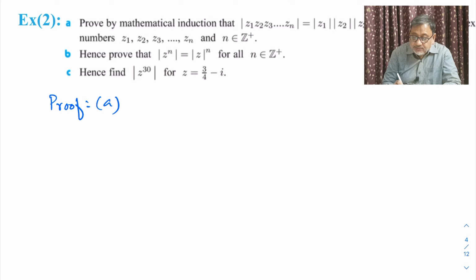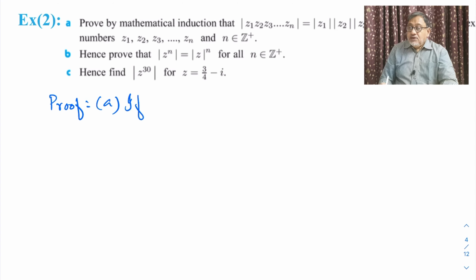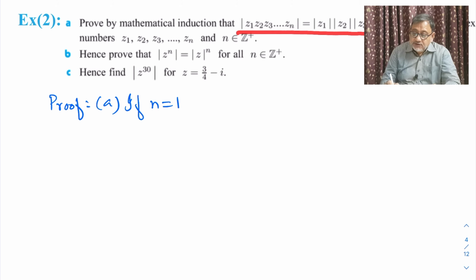First part. Okay. If n is equal to 1, so when we replace n is equal to 1 here, we will not have so many complex numbers, only z1 will be here.